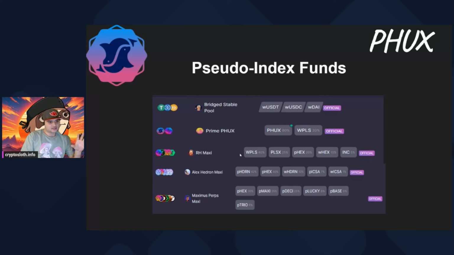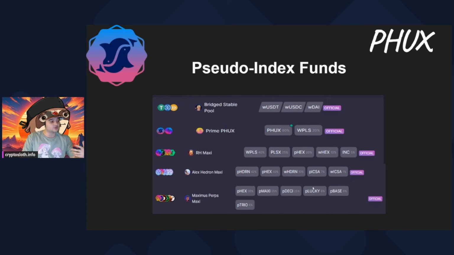In a V2 or V3 style liquidity setup, you would need pools for each one of these tokens relative to each other, like Maxi Deci, Maxi Lucky, Maxi Base, Maxi Trio, and everything else, to have good order execution across all of them. That can be really hard because not many of these pairs exist, based on how the tokens were created. But with the PHUX DEX, you can put them all in the same liquidity pool.